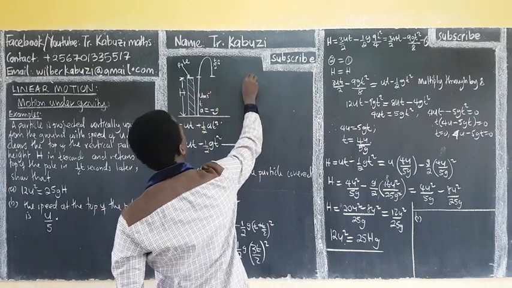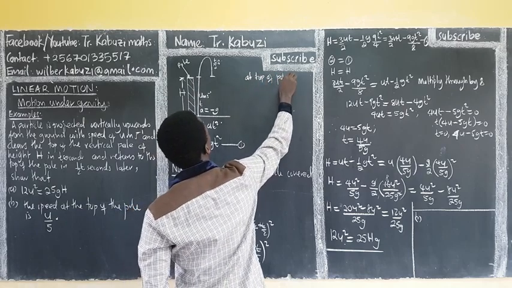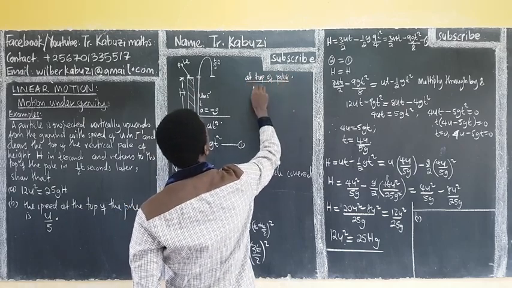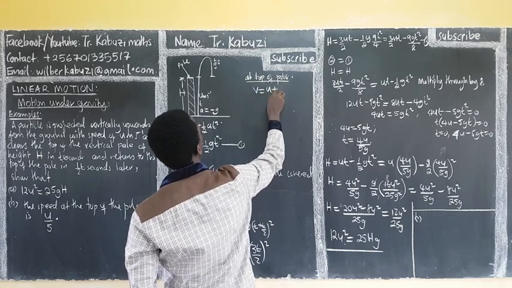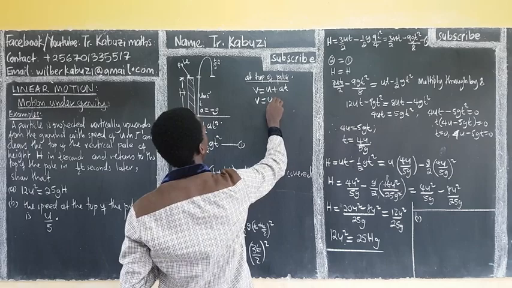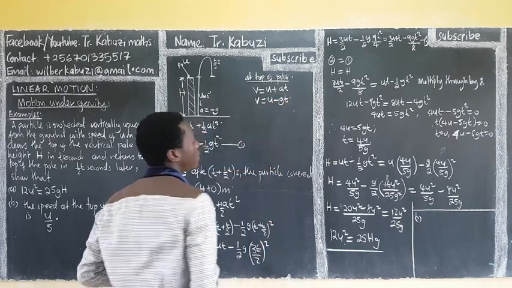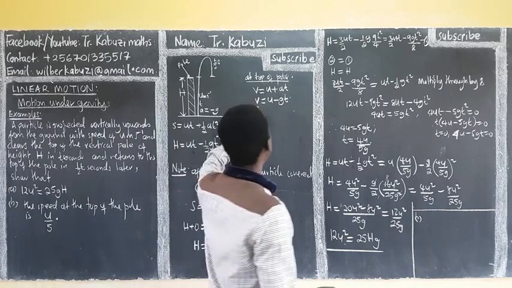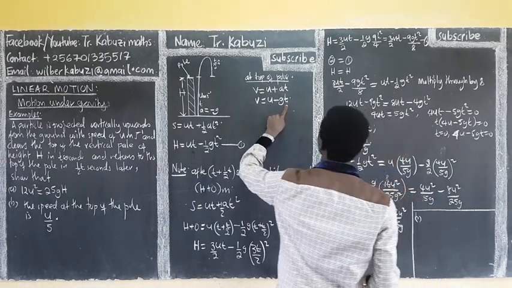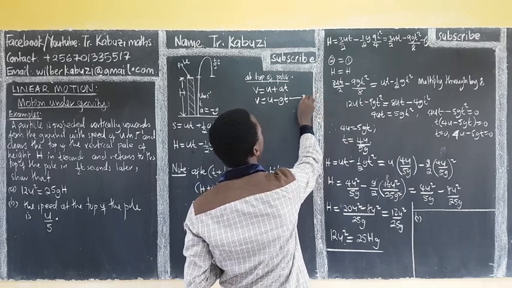At the top of the pole, what is happening there? Our velocity is going to be the u, the initial, then acceleration is g t. So from here, I'm going to substitute in my t because I have my t. If this one was equation maybe 3.